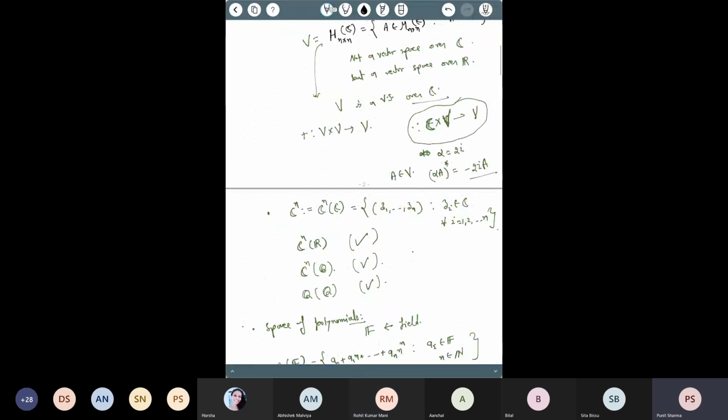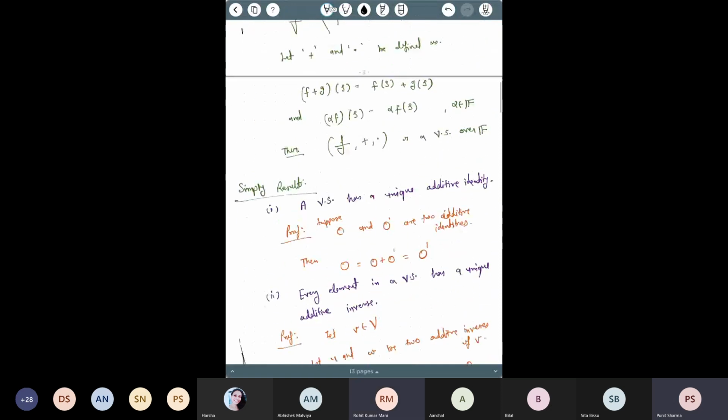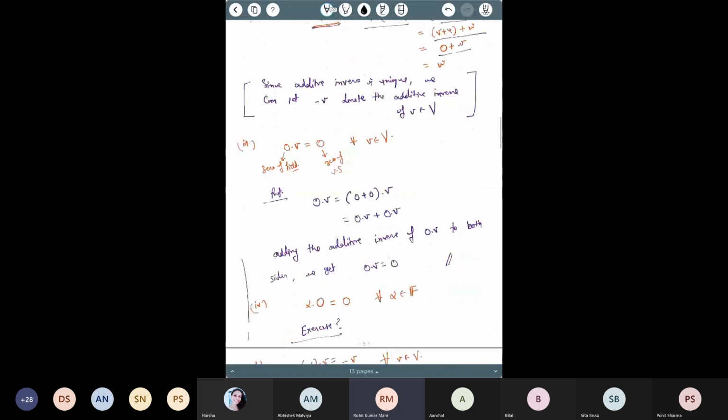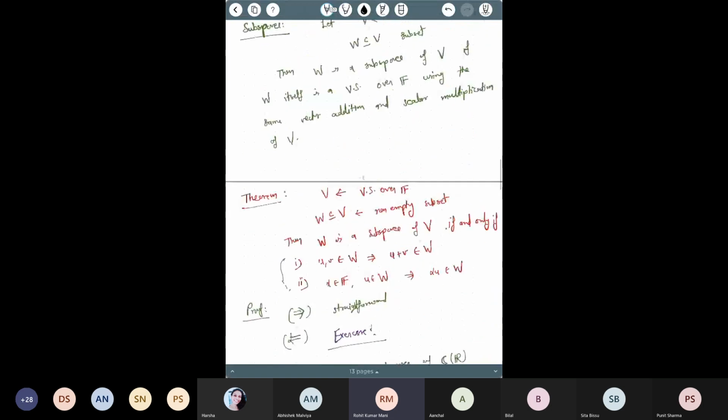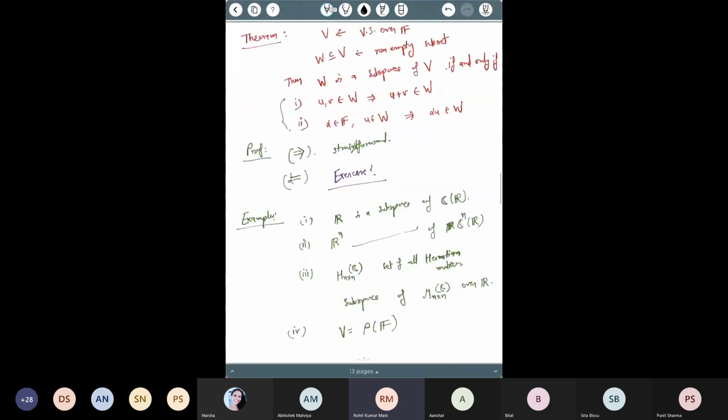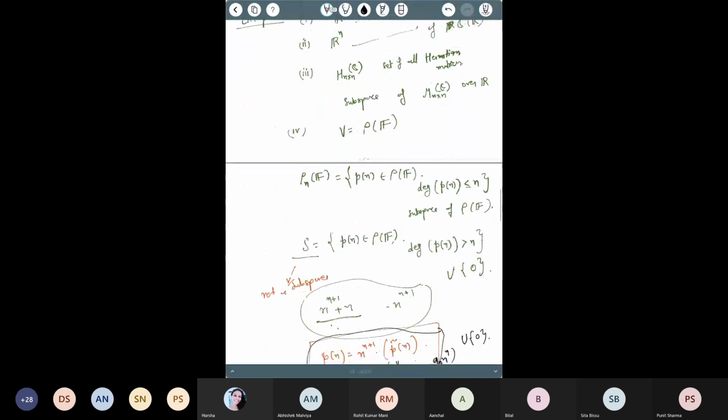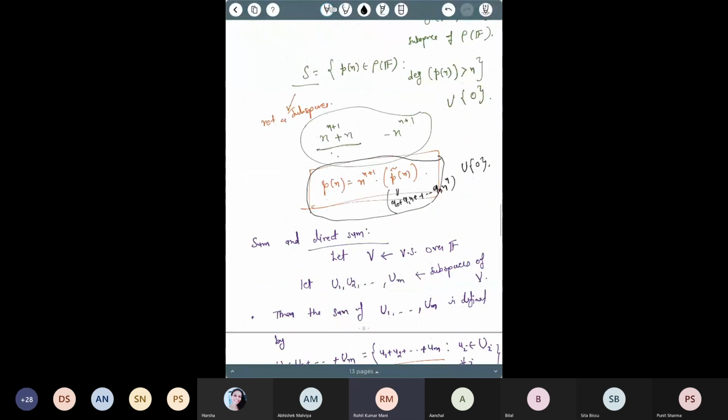Sir, I wanted to ask, when you are taking P tilde n, at that time you are taking all such collections which form a subspace up to degree n, or something else? Here you have to fix this n.